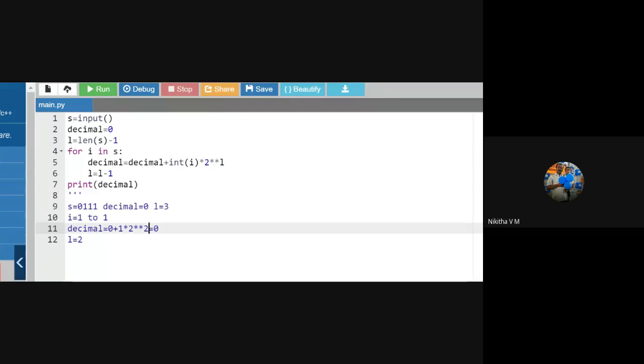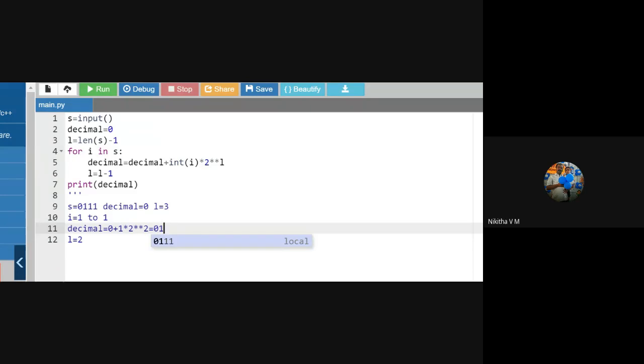What will you get now? 2 to the power of 2 is... but what is the priority first? 2 to the power of 2 is 4. 1 to the power of 4. What will you get? 1 only.